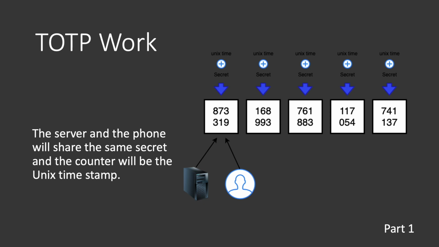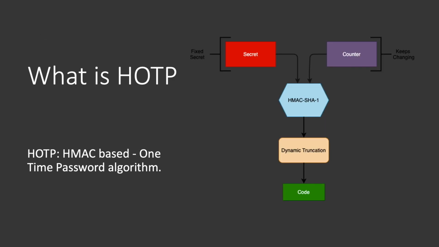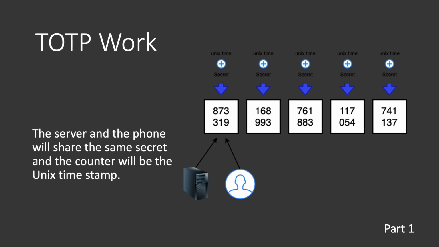As we remember previously, we saw that graph, which takes a secret and a counter. So with TOTP, we don't actually utilize the counter, we utilize the value which is generated from the Unix time difference.